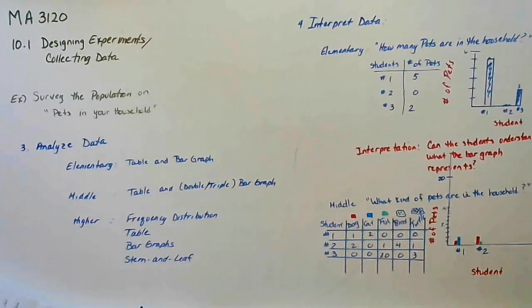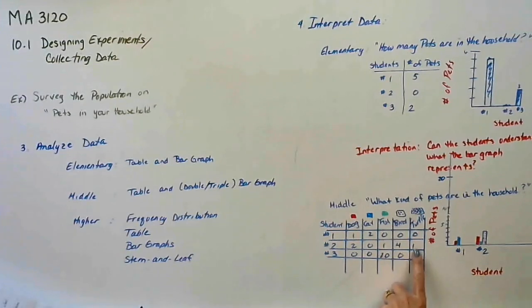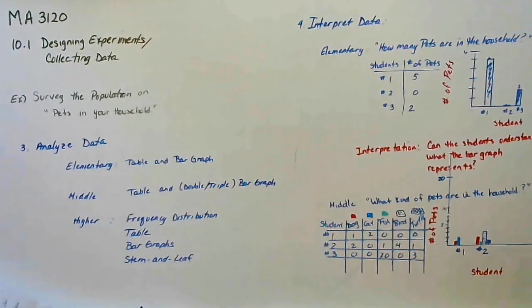Birds are polka dots, so birds are 4. I'm going to keep going all the way up here to the number 4. Dot, dot, dot, dot. And 1 turtle. And turtle was little tiny hash marks. So I'm going to go hash, hash. So each of those bars has a different texture, and that's just a multiple bar graph. And then you've got the idea.